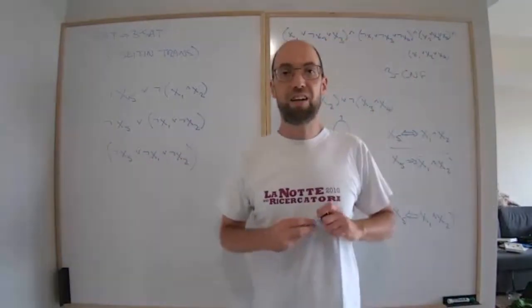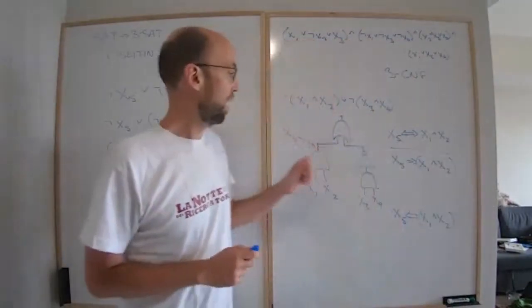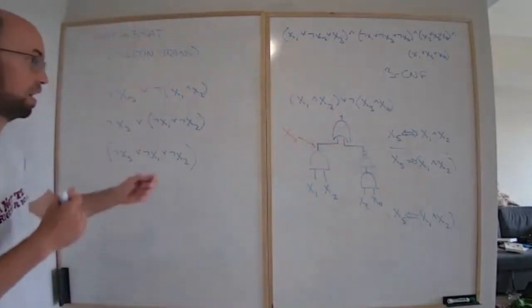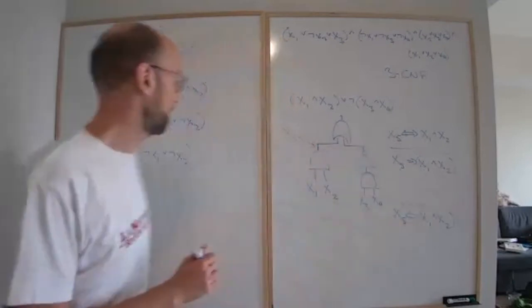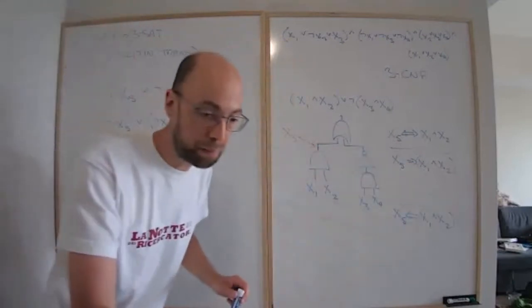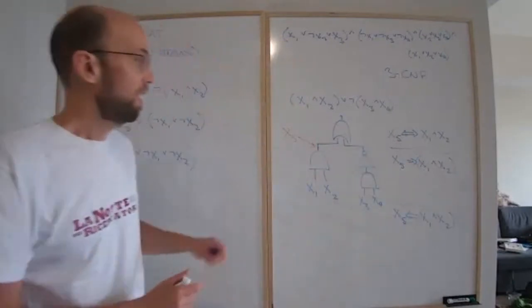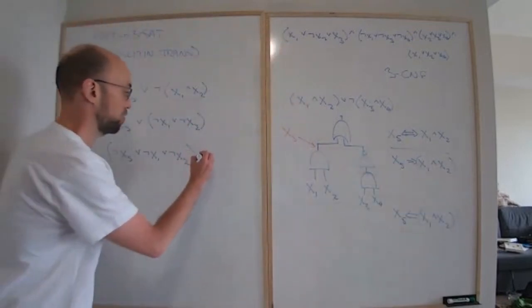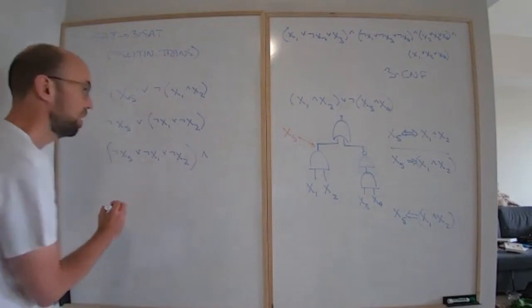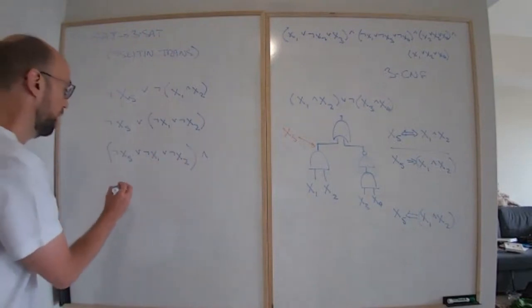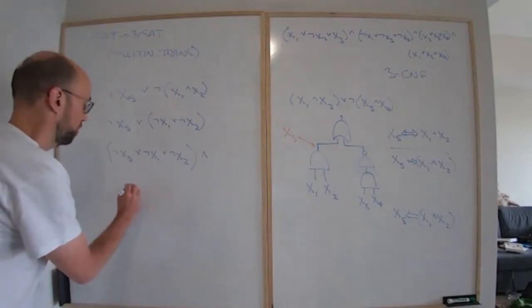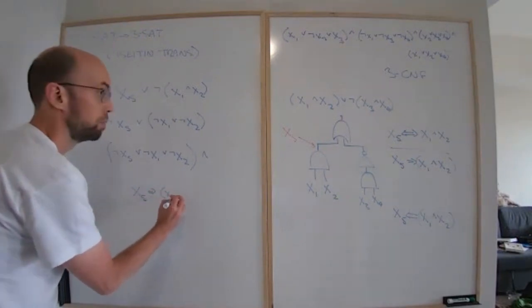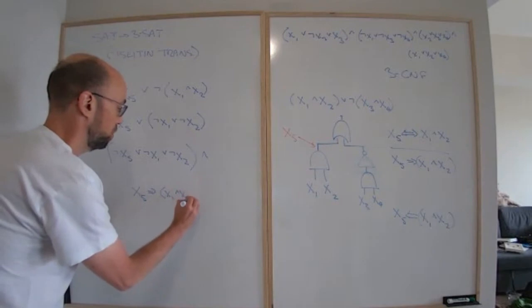So it's not that hard. Then you can take the other one and say, okay, x5 implies x1 and x2.